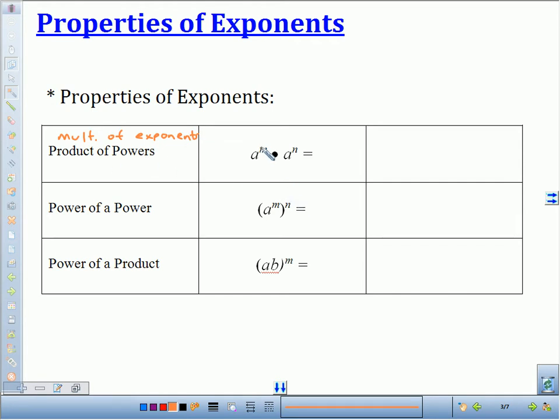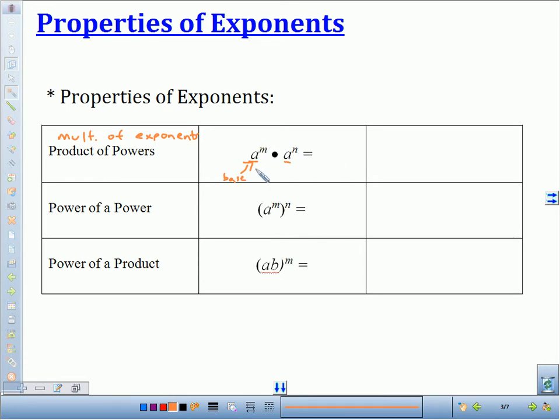Now I have a to the m times a to the n. Notice that both of these have a in them as the big number. The big number is usually referred to as the base. So a in this case is the base, with m and n being exponents.